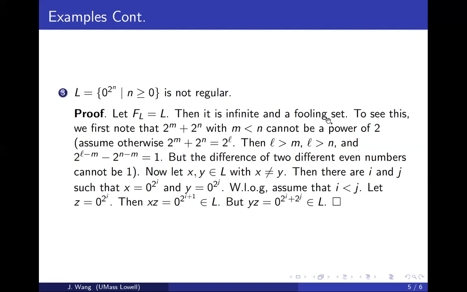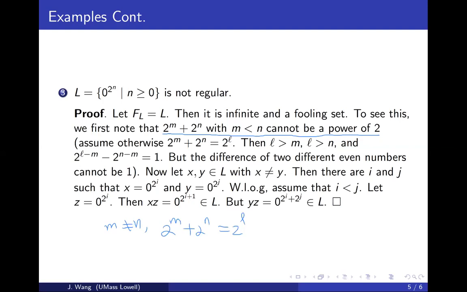So we're going to show this fact: for any m not equal to n, 2 to the m plus 2 to the n cannot be a power of 2. In other words, if it is equal to a power of 2, then we'll get a contradiction.